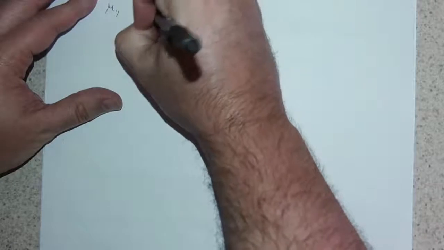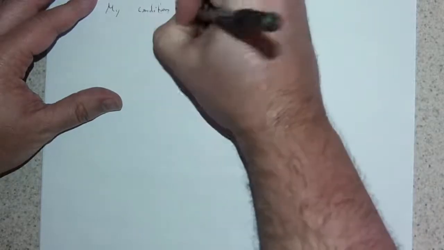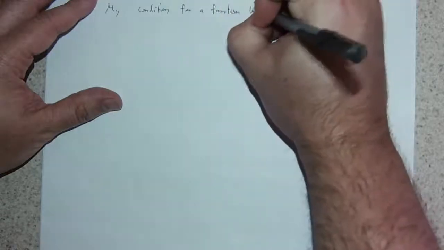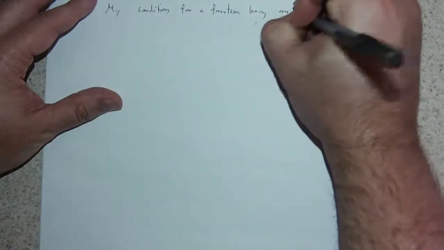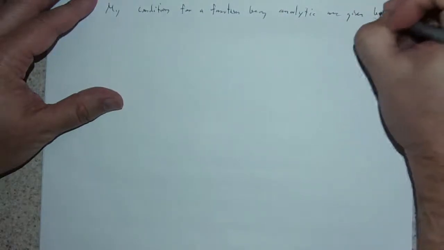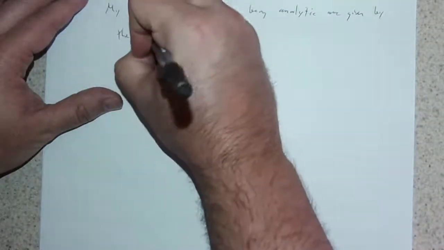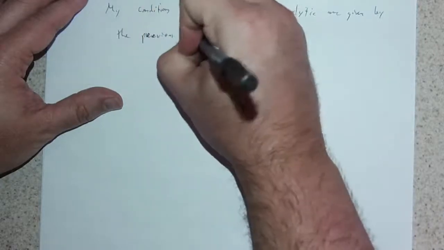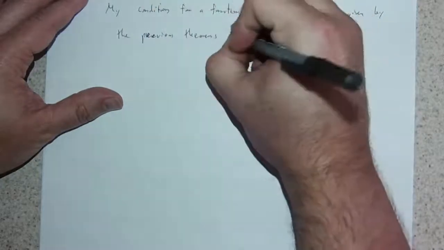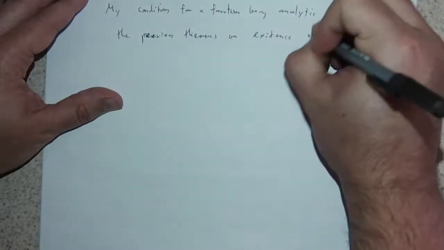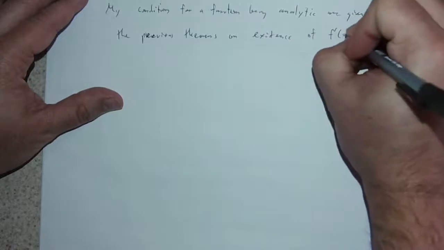So my conditions for a function being analytic are given by the previous theorems on existence of f prime of z naught.